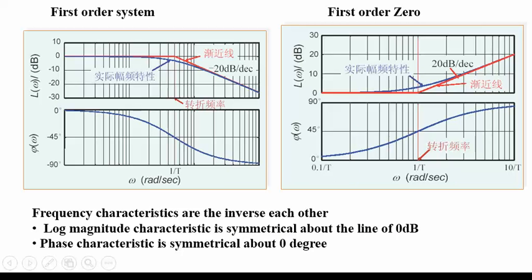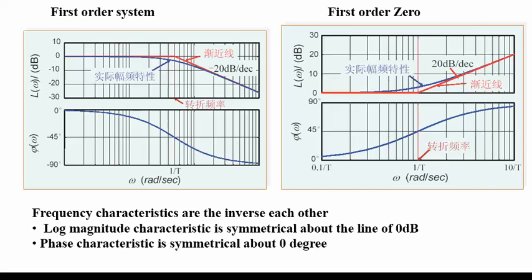Now, first order system. If we summarize, this is the first order pole, and this is the first order 0. You'll see that this is the 1 over t here, the corner frequency, minus 45 degrees.